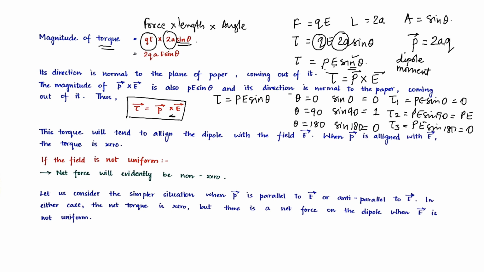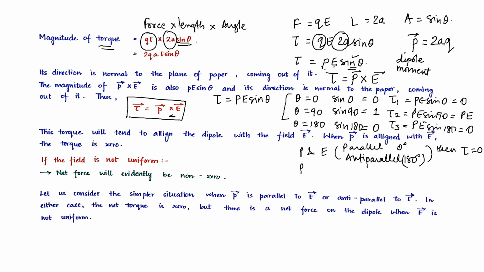From this, what we understand is that whenever the dipole moment P's direction and E's direction are parallel or anti-parallel, 0 degrees or 180 degrees with each other, then torque equals 0.